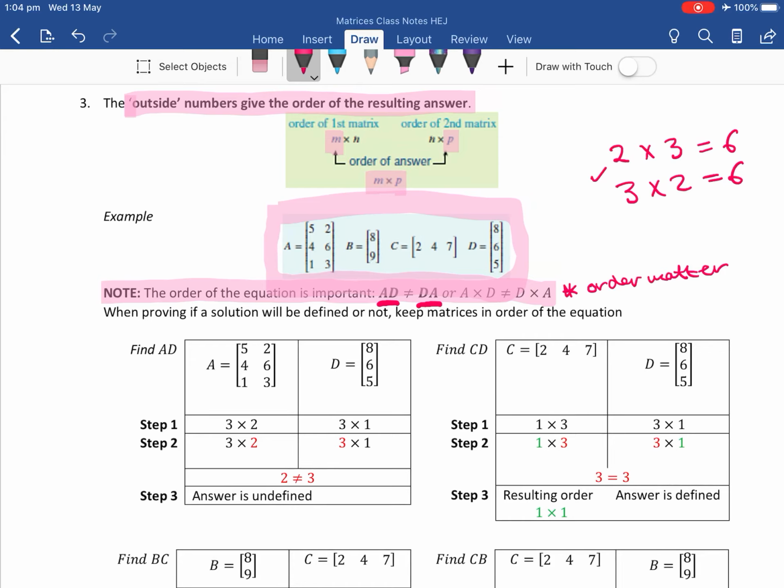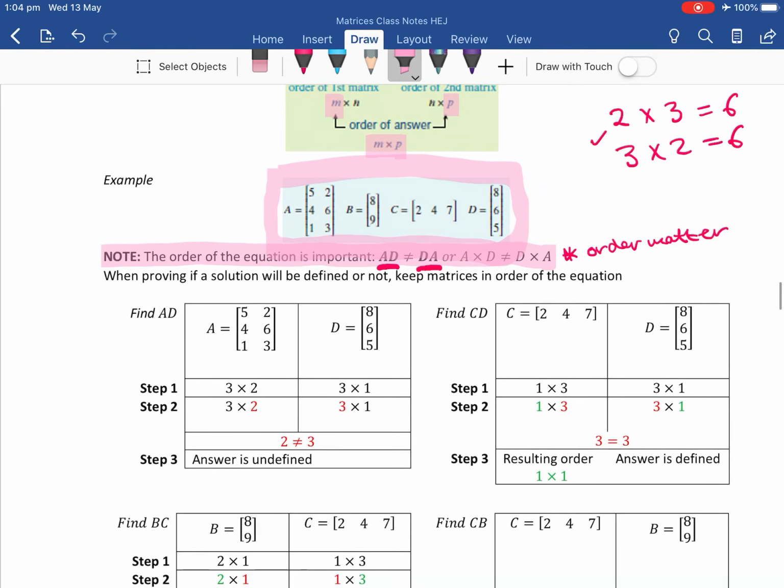So when proving if a solution will be defined or not, keep matrices in the order of the equation. If you're finding AD, remember when your letters are next to each other, you're multiplying, so A times D. The first step is to write your order. How many rows does A have?